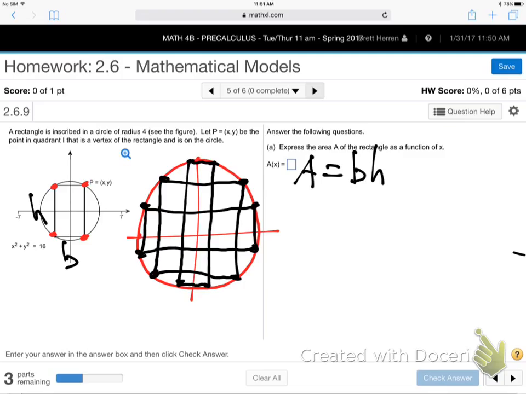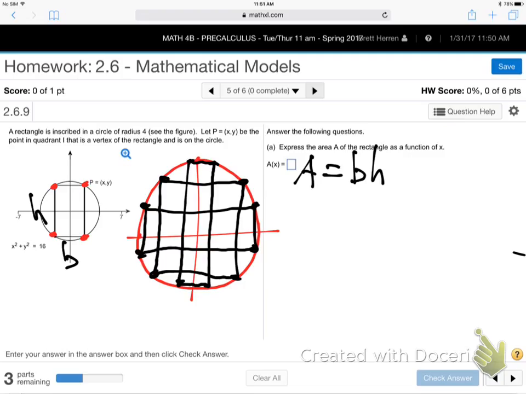This trips people up, and there's a problem like this in Calc 1. So give this a try. Write the base. Notice this is the point in the upper right-hand corner. This is the point x, y. Remember what x means? From the origin, over x, up y.